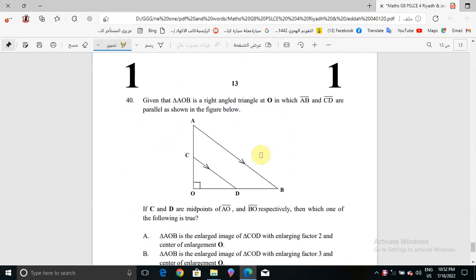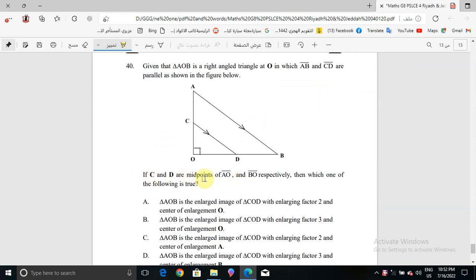Now question number 40. Given that triangle AOB is a right triangle at O, in which AB and CD are parallel as shown in the figure. If C and D are midpoints of AO and BO respectively, which one of the following is true?